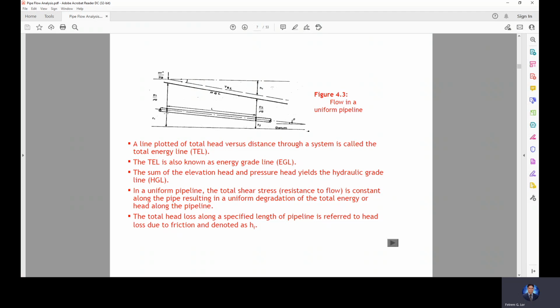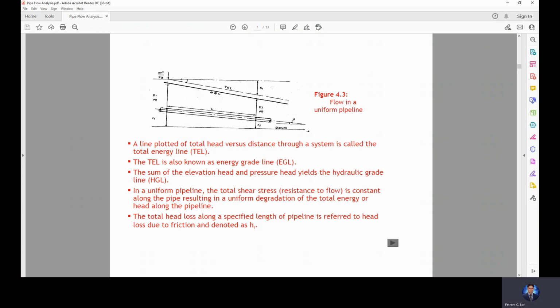Then since the fluid moving in a pipe has a certain positive gauge pressure, there is a potential energy due to pressure, so we add that. Elevation plus pressure, so going upward, that's plus.